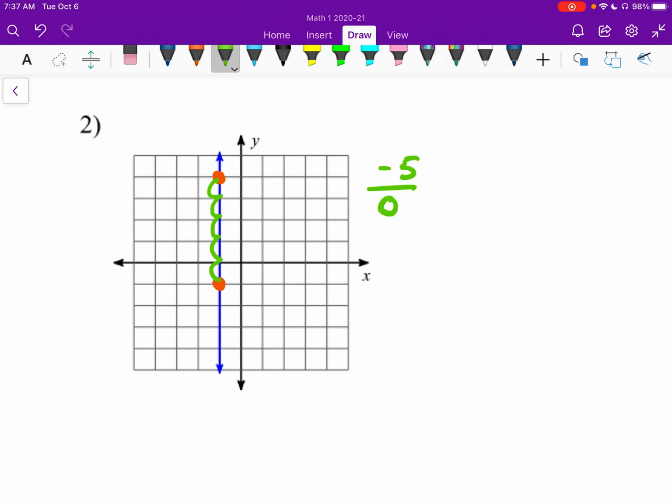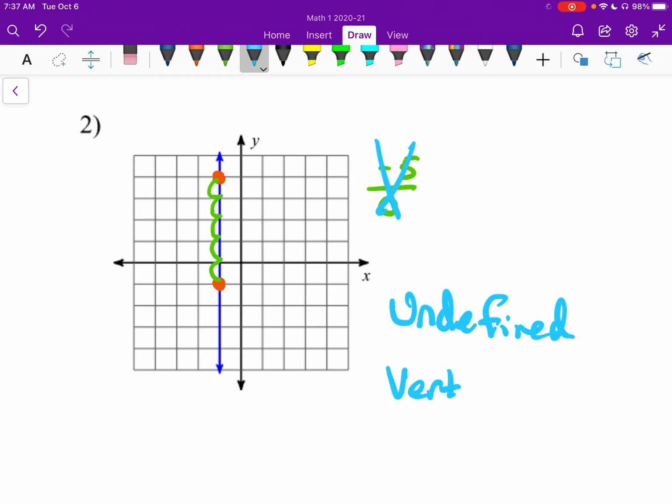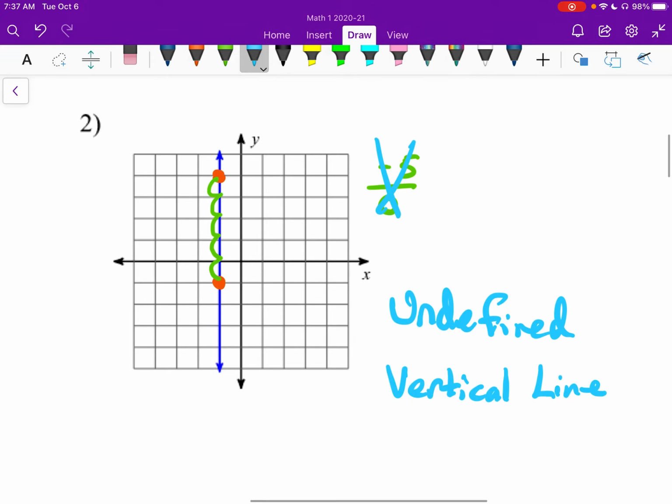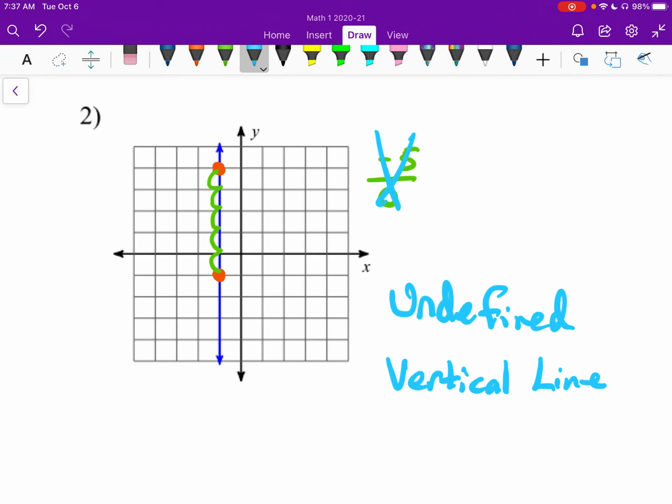And you can't have a fraction with a denominator of 0, so this doesn't work. And it's actually undefined. Okay. So a vertical line is undefined. Anytime you see a vertical line, you could just go ahead and say, well, that's going to be an undefined slope.